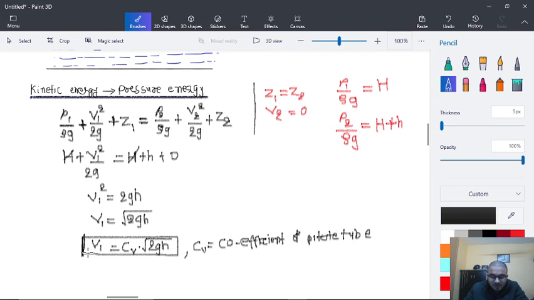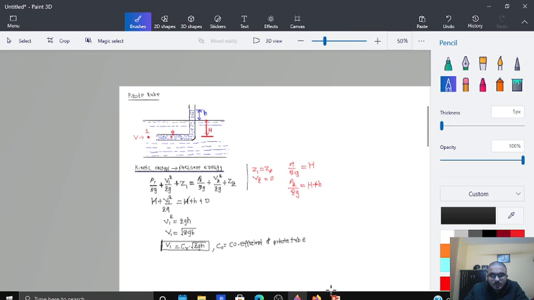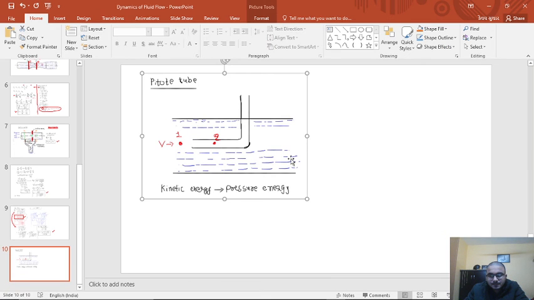So this is the final equation we have for the Pitot tube. So let's copy this work into our main slide.